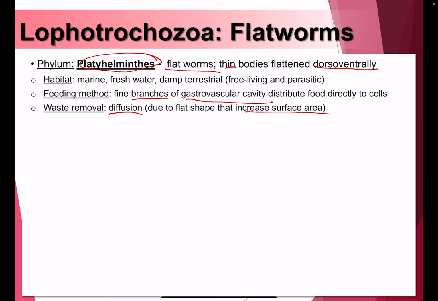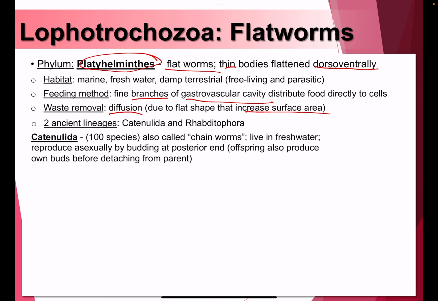There are two ancient lineages of the flatworms, the Catenulida and the Rhabditophora. Catenulida have about 100 species. They're also called chain worms. They usually live in freshwater and reproduce asexually by budding at the posterior end, which means the back end.